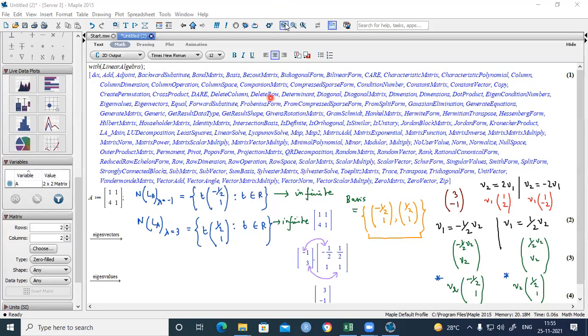Now I'm going back to my whiteboard, and I'm going to connect diagonalizability, with which I started the class, with the concept of eigenvalues and eigenvectors. There is a very important theorem, which is a connection of the two.